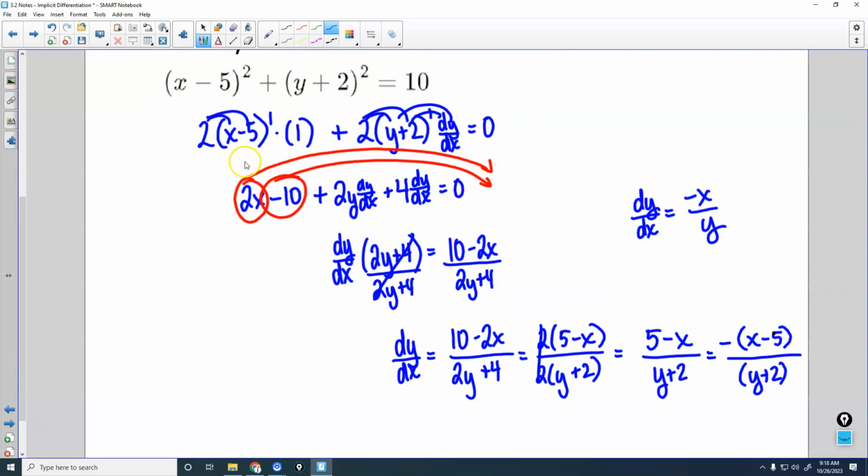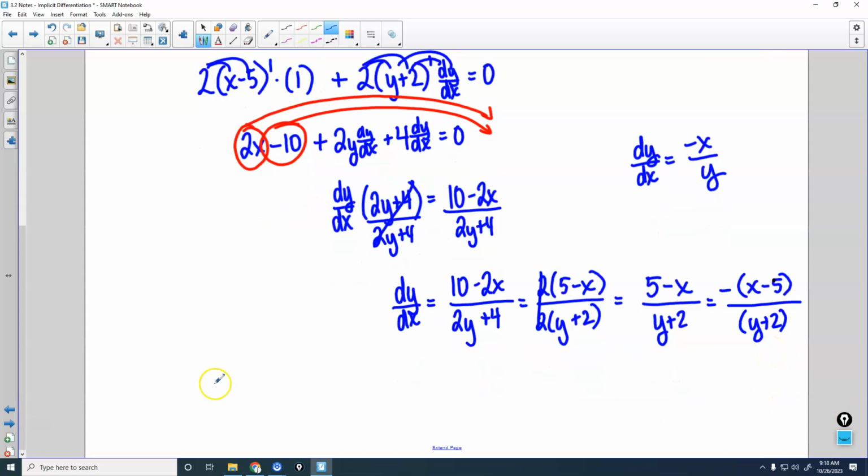If you look back at your original equation, instead of an x, you got an x minus 5, and instead of a y, you have a y plus 2. And instead of negative x over y, you got negative (x minus 5) over (y plus 2). So while it doesn't give you the exact same derivative, it gives you a similar derivative right there.